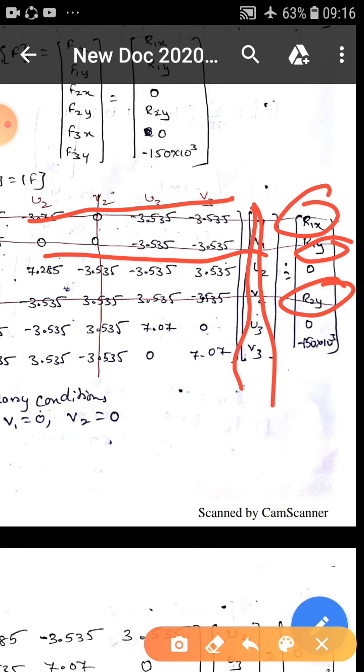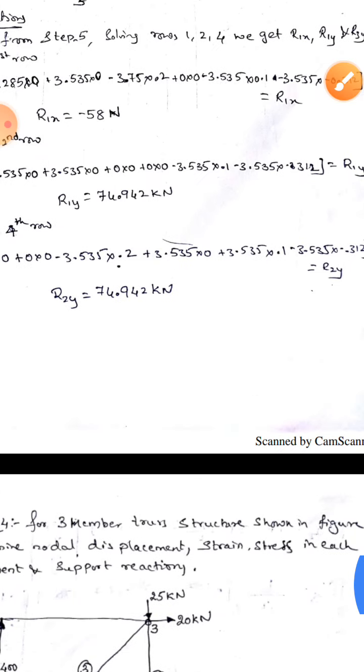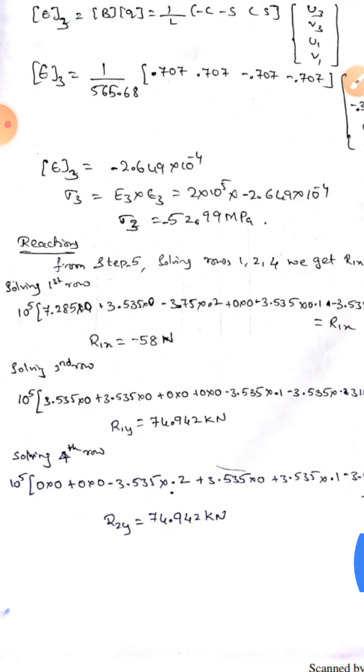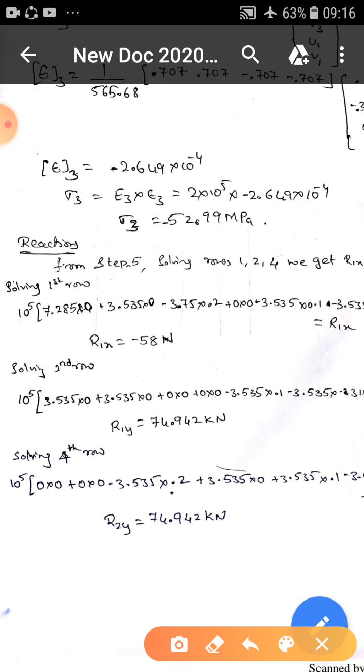If you want to get R2y, you multiply the fourth row with this one, you will get the corresponding values. If you see R1x, simplifying and substituting those values, minus 58 Newton is the reaction force in x direction.